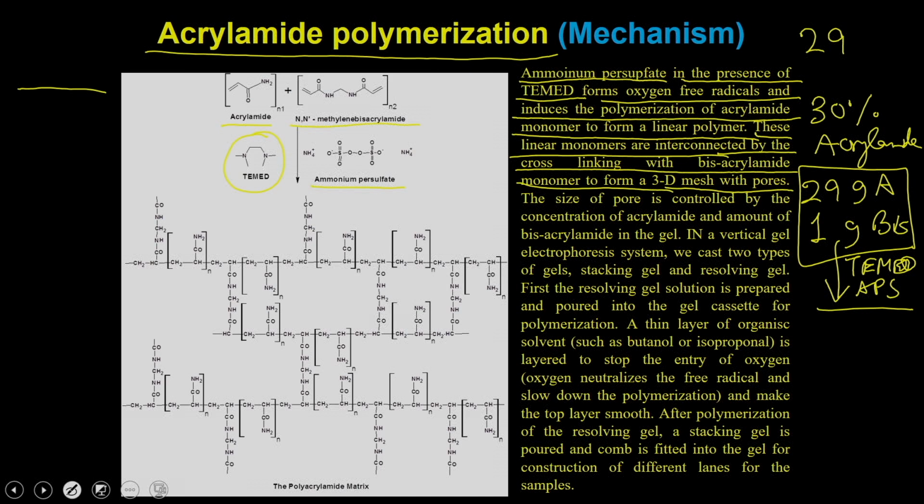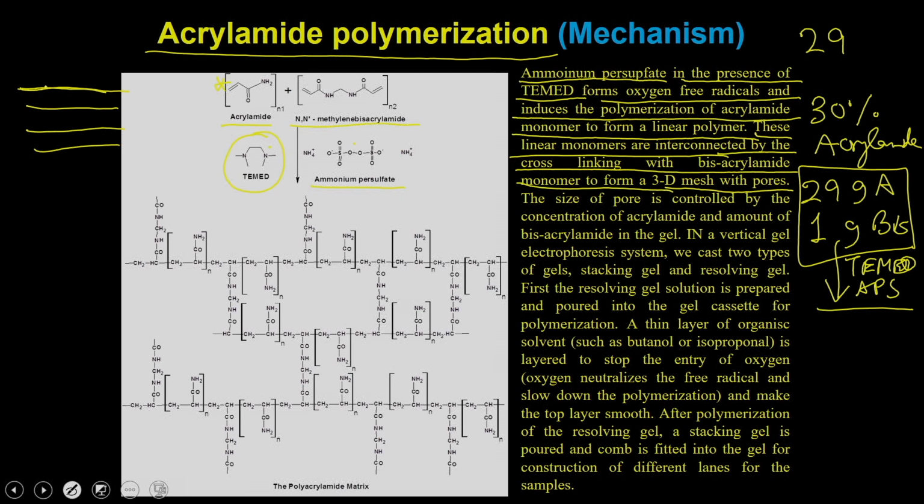So, these acrylamide monomers are being polymerized, and they will form fibers like this. Because these molecules are forming radicals, and suppose they form radicals on one molecule, this radical interacts with the others, and that is how they make the polymeric fibers.